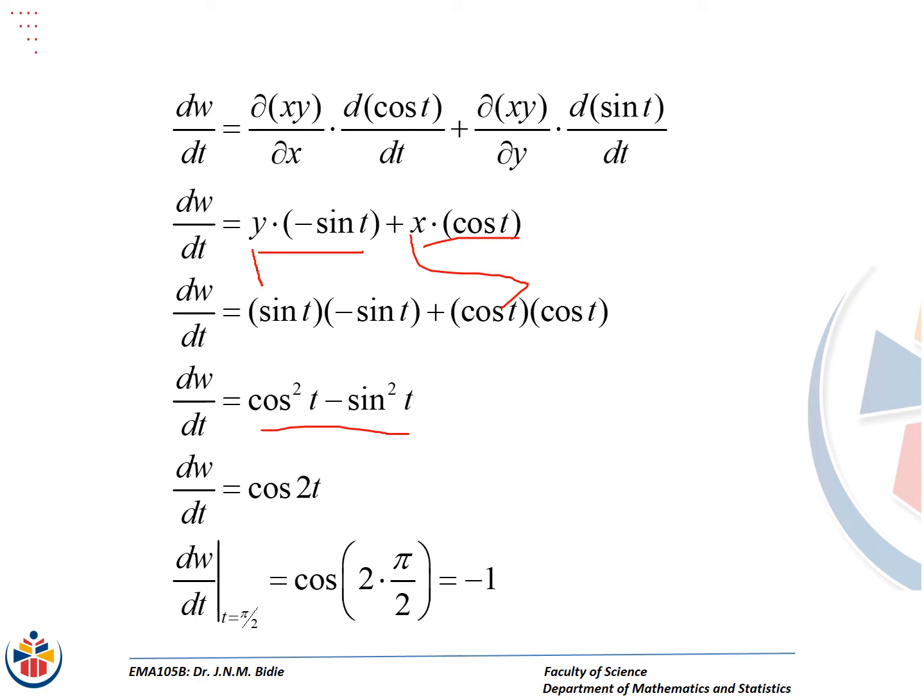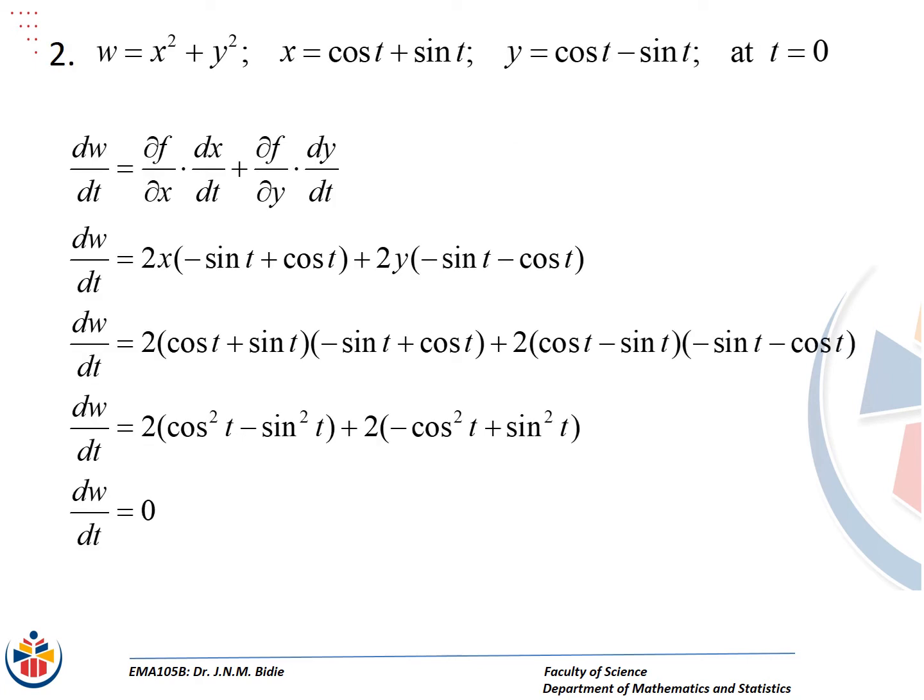So we got cos squared t minus sine squared t to be equal to cos 2t. I'm hoping that you still remember from the double angle formulae. And then thereafter, substitute the value given for t, which is pi over 2. We know cos pi is negative 1. Please go through this example again and see whether you understand it.